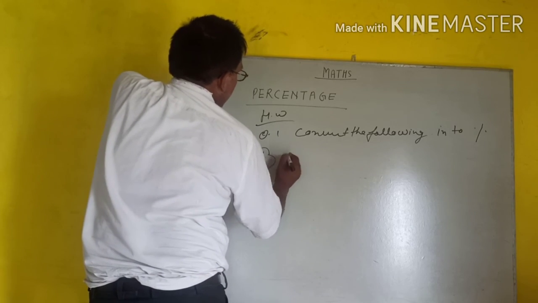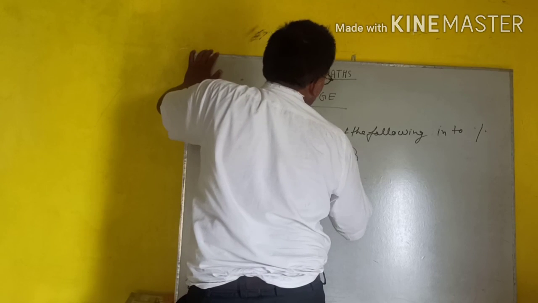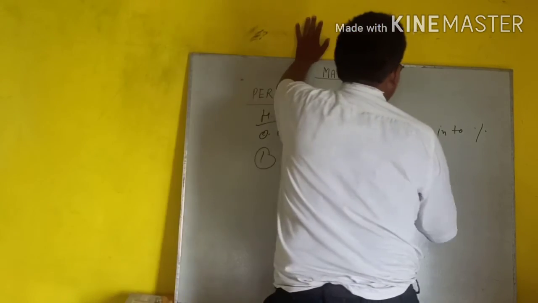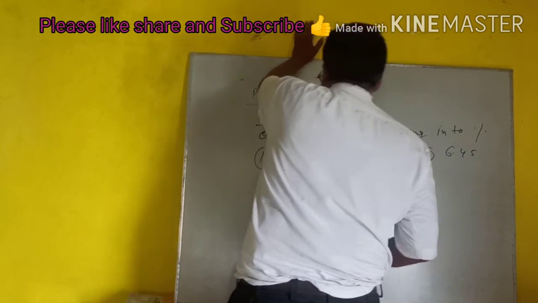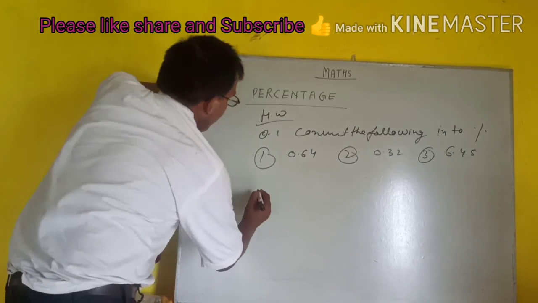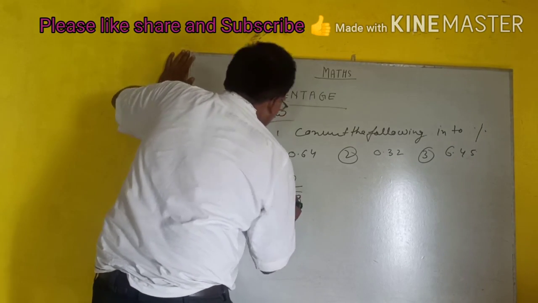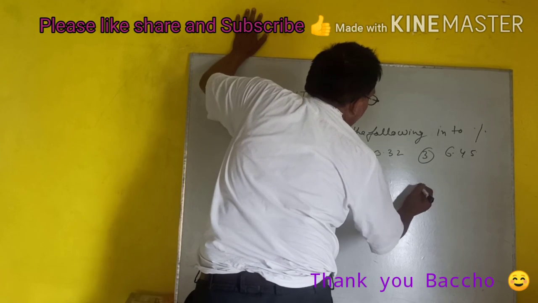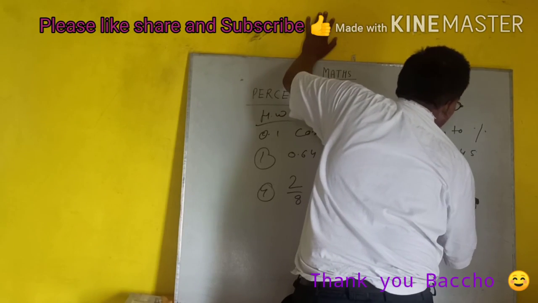Question first: 0.64. Question second: 0.32. Question third: 6.45. Question 4: 2 upon 8. Question 5: 1 upon 20. Question 6: 3 1 upon 20.